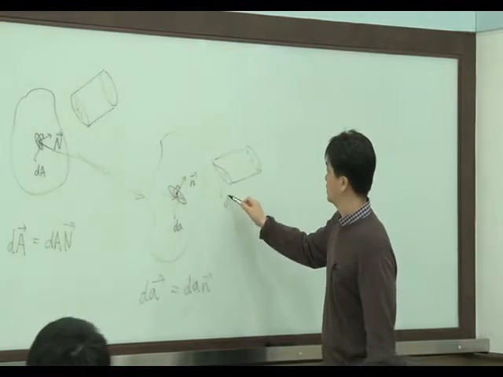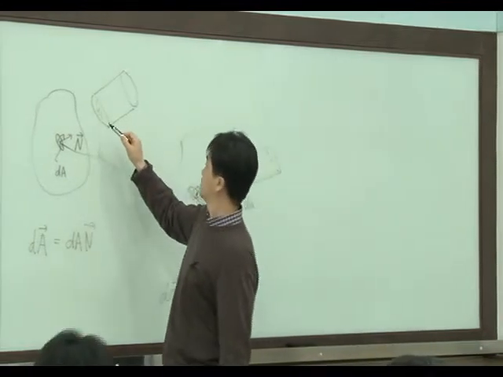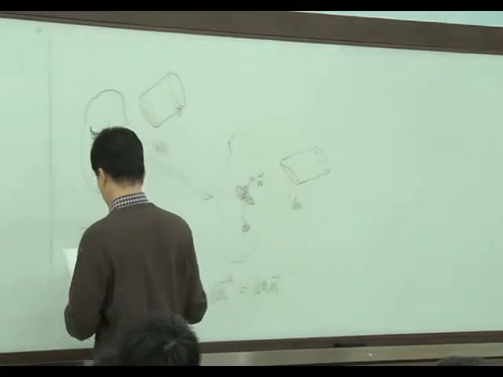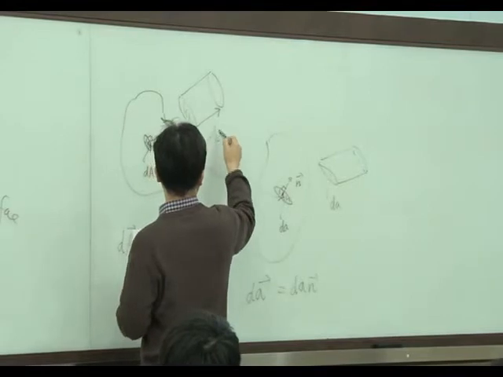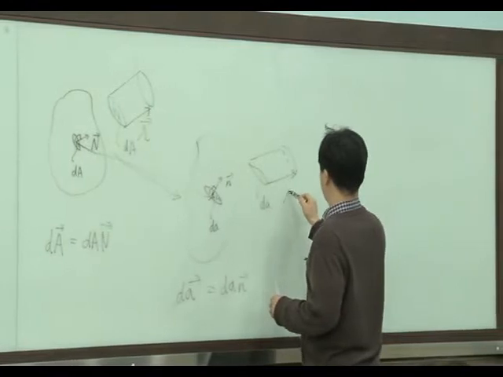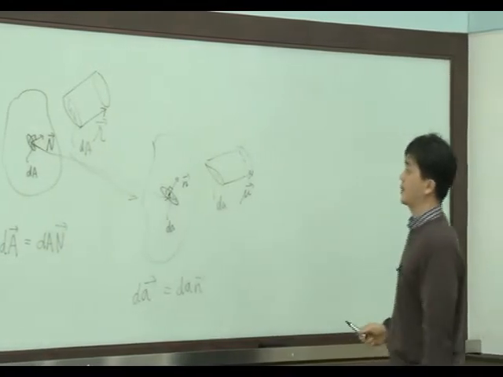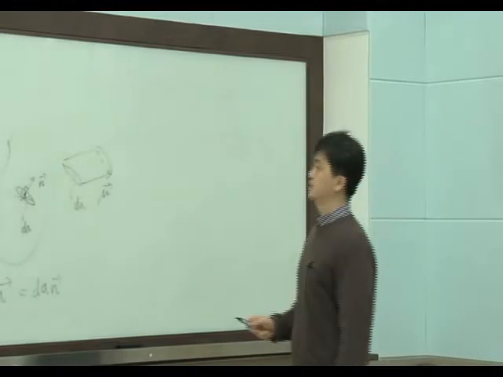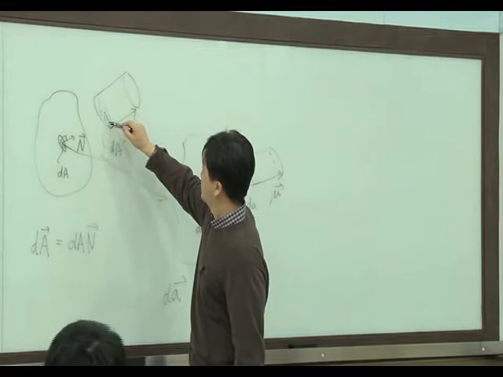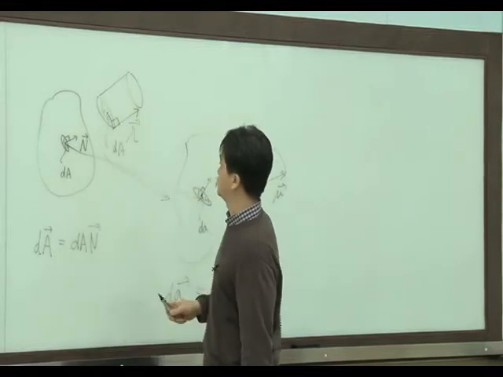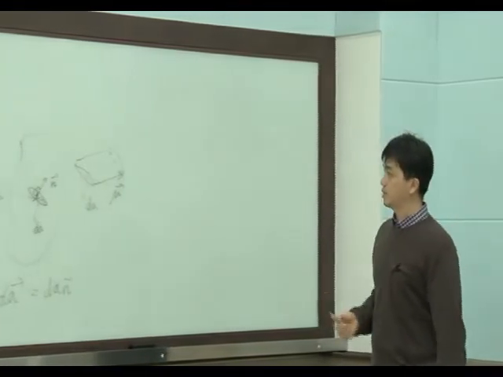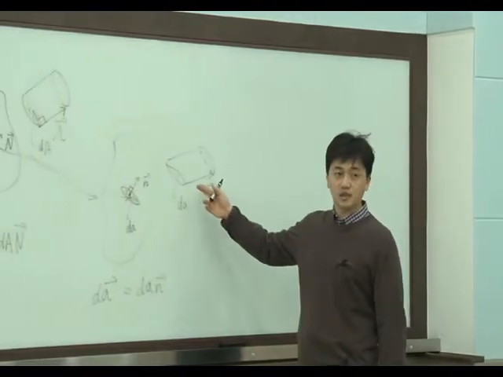And this is a dA, this is a da. And it has a direction, let's say this is lambda, and it has a direction mu. Originally lambda has the same direction as n, the normal direction, but that direction could be changed after deformation.